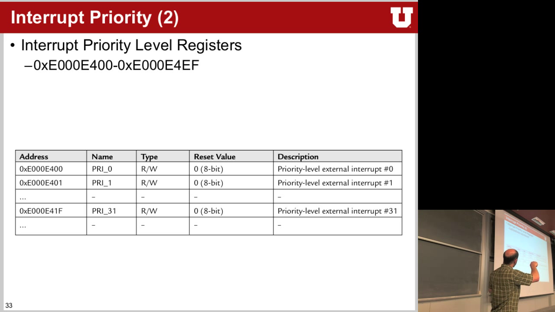So for example, at E400, you have an 8-bit number that's the priority level of the external interrupt 0. 401, so 1 byte higher, is for interrupt number 1. 41F, for example, is for interrupt 31, and so on. So you have 1 byte per interrupt where you can configure its priority level.